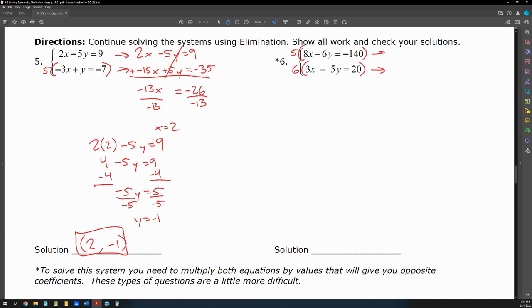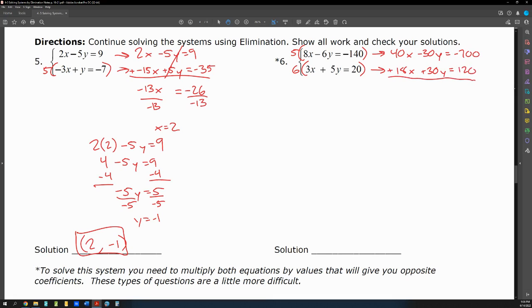And let's see what happens here. If I multiply the top equation by 5, well, then I'm left with 40x minus 30y is equal to negative 700. And the bottom equation, I get 18x plus 30y is equal to 120. And this is really good because now we can see that we have opposite coefficients.